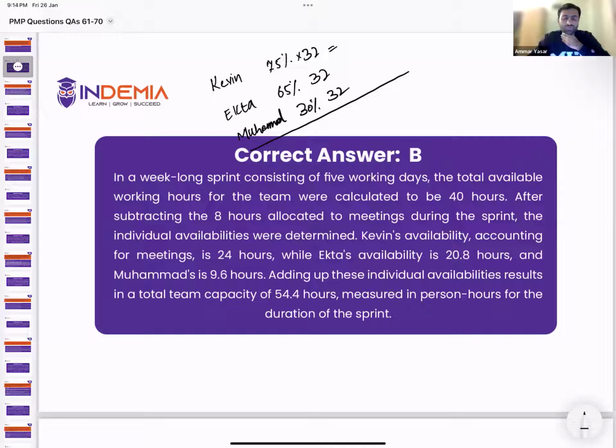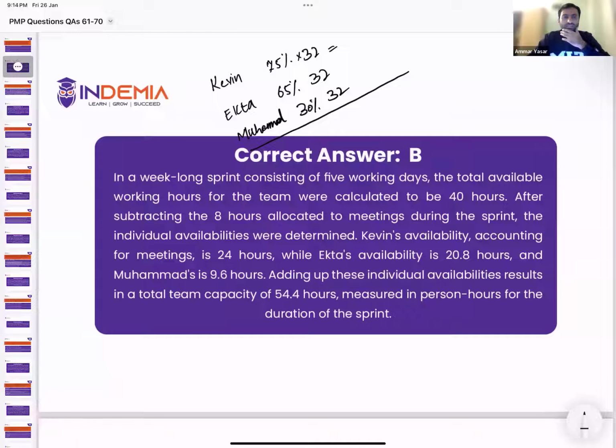Real team capacity is when you exclude the time that the team spends in meetings, right? So 40 hours is the total time that is available, and out of 40 hours, 8 hours in a week team members spend in different types of meetings. So actual working hours for a single team member is 32 hours.